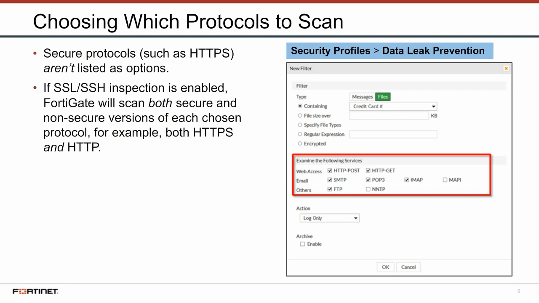For example, if you select the checkbox for HTTP, FortiGate will scan HTTP as well as HTTPS. More information about deep inspection is available in the Certificate Operations lesson. Note, FortiOS carrier models also examine MMS services, MM1, MM3, MM4, and MM7.